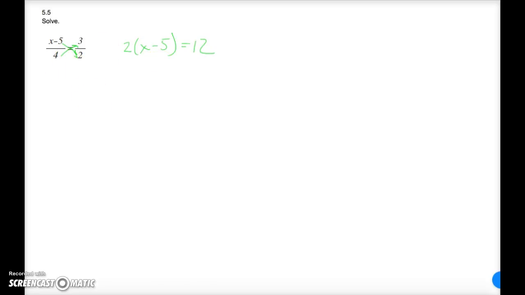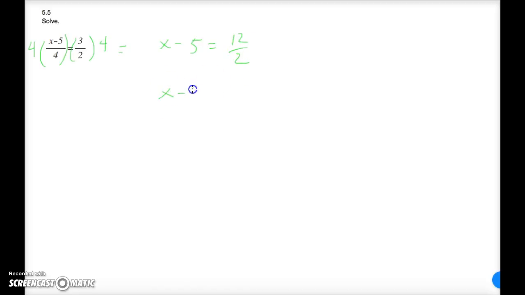I prefer, in a problem like this, I would look at this a slightly different way. I would just say, okay, this is my term with x. I'm going to multiply both sides by 4. And I'm going to get x minus 5 is equal to 12 over 2, which is just 6.